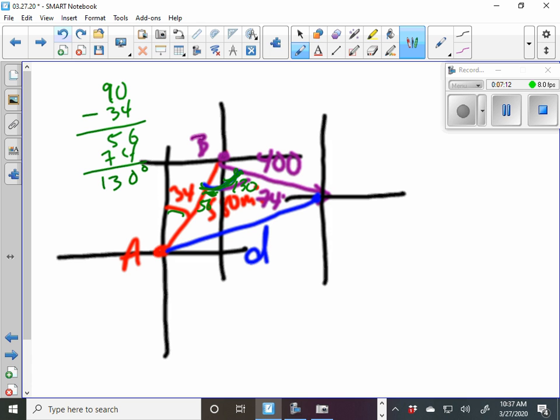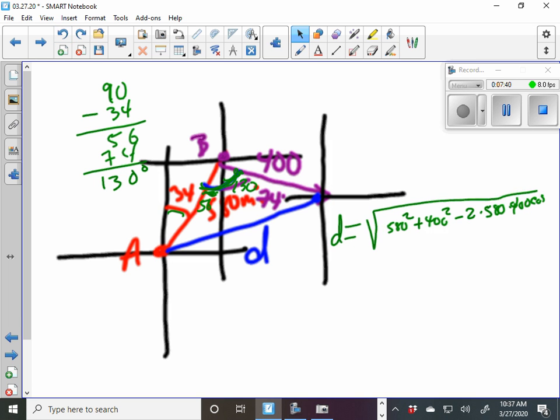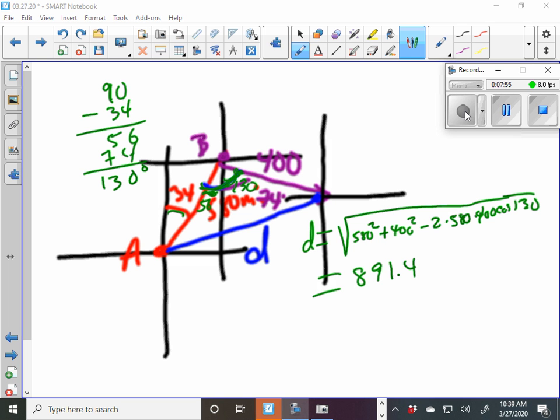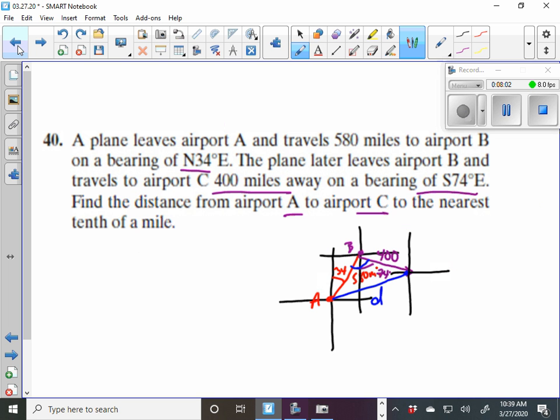So, with that said, we can say that D is equal to the square root of 580 squared plus 400 squared minus 2 times 580 times 400 cosine 130 degrees, and again, that's going to be a calculator problem that you can plug in and solve. 891.4 miles, and let's make sure we answered that question correctly.